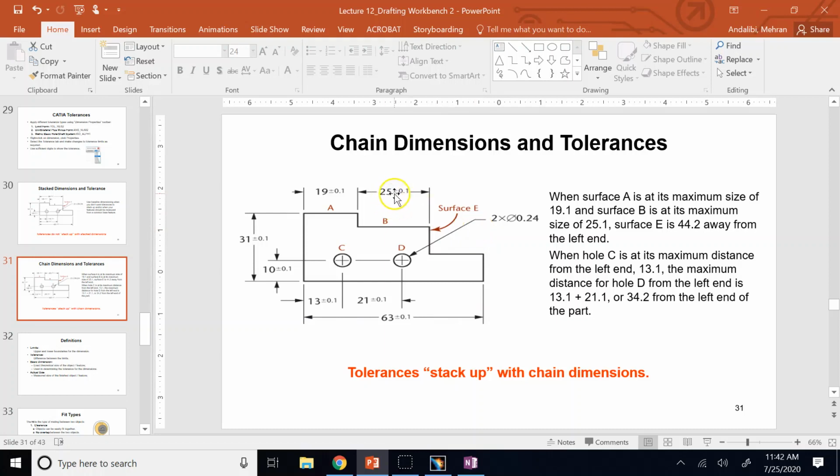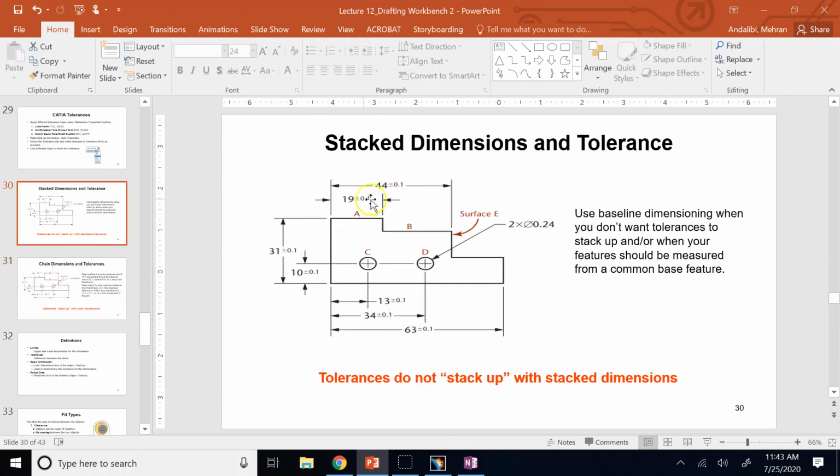Hey, if you make this 0.1 and that 0.1 over, so far you are 0.2 up in the overall size, but you're only allowed 0.1, so what should you do to the last part? You should make it 0.1 less than 19, so it should go exactly at 18.9, such that the overall size does not exceed this much of tolerance, right? So you did make those two parts bigger, fine, but now you have to make this one smaller to stay within the limits.